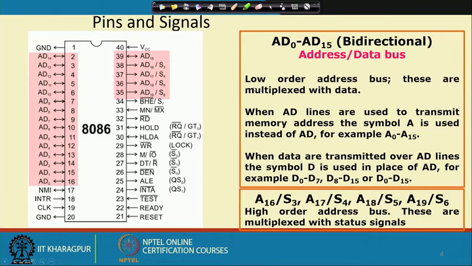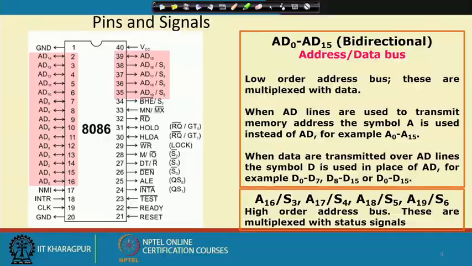Just like in 8085 where the lower order address bus was multiplexed, here the entire address data bus is multiplexed. The AD lines are used to transmit memory address. The symbol A is used instead of AD, for example, A0 to A15. When data is transmitted, we read it as D lines, so D0 to D7, D8 to D15 or D0 to D15 like that.